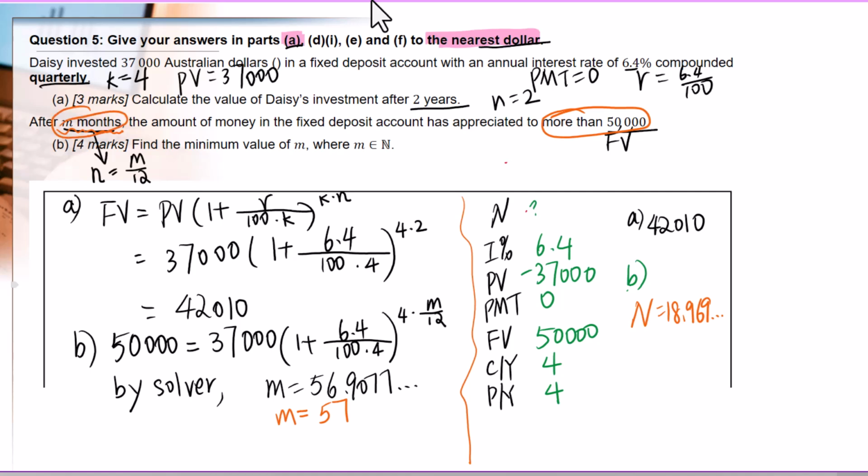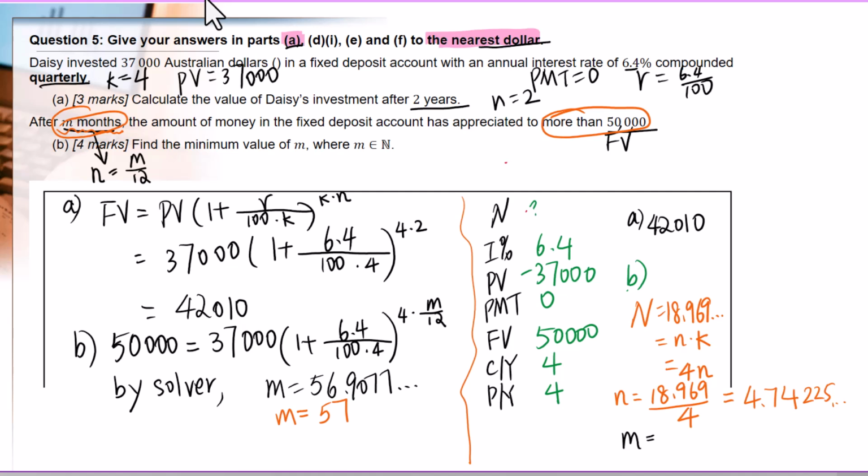This capital N equals N times K. K equals 4. So basically it's 4N. N equals 18.969 divided by 4 equals 4.74225. Then you need to change this one into months.